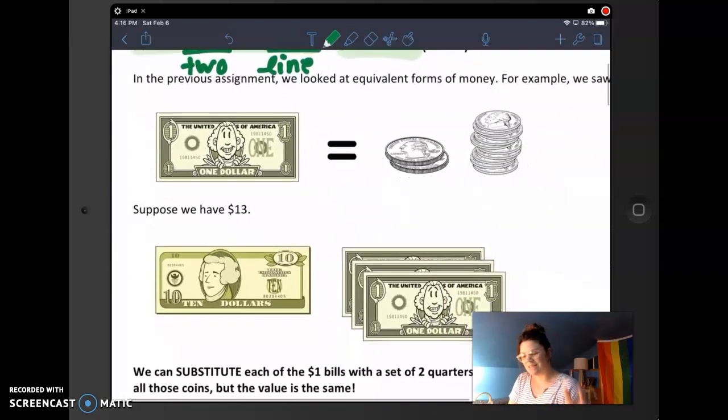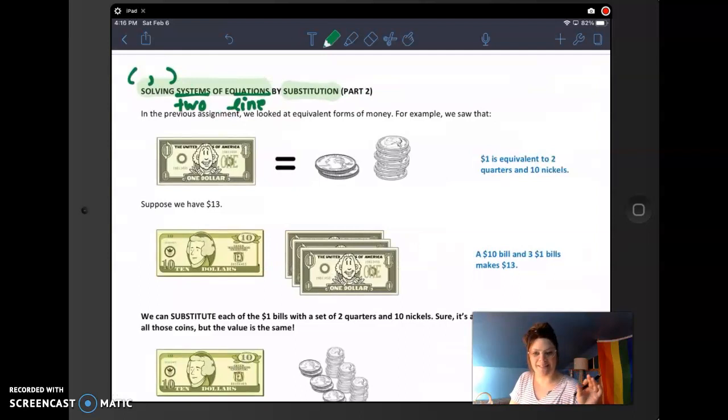All right, so let's take a look at some examples using money again, which is a really good way to give you an idea of the big idea behind this, so that maybe it makes more sense when we get into the actual algebra.